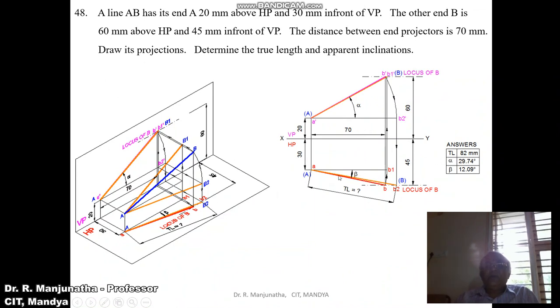By using the scale, you measure the true length of the line, which is 82 mm, and by using the protractor, you measure the angle alpha with respect to the XY line, which will be 29.74 degrees when you do it on the computer, and 30 degrees when you do it manually. Then take the protractor and measure with respect to the center A in the top view, parallel to the XY line, the apparent inclination with respect to VP, which is beta.